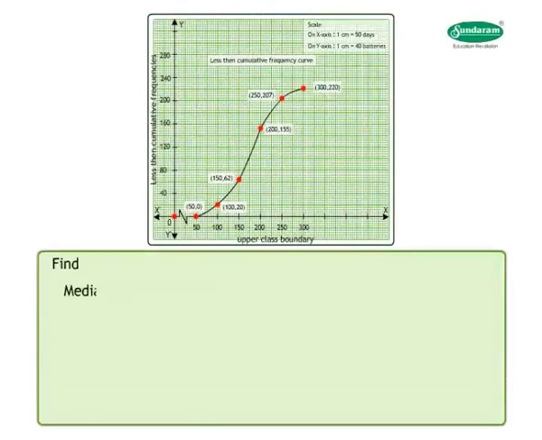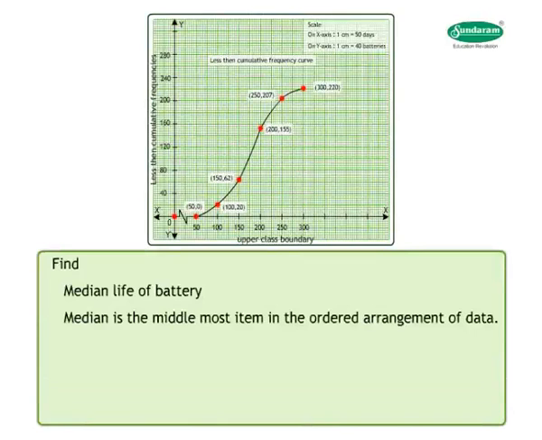We have to find the median life of the battery. Median is the middlemost item in the ordered arrangement of data. Therefore, it is the value of the n upon 2th item, where n is the total frequency. Here, the y-axis gives the serial number of the item and the x-axis gives its numerical value.